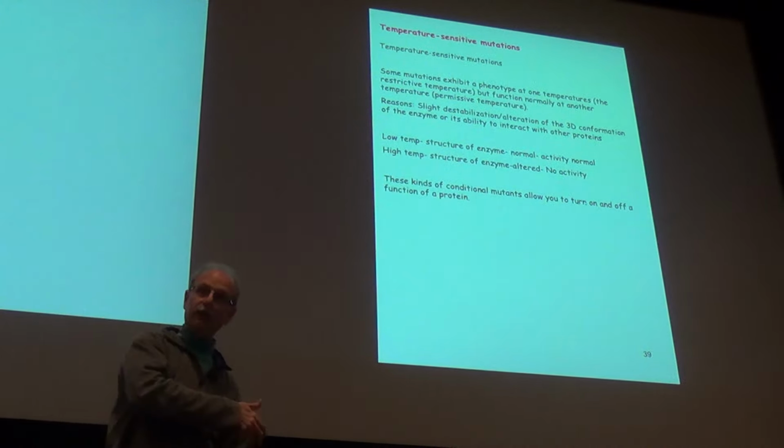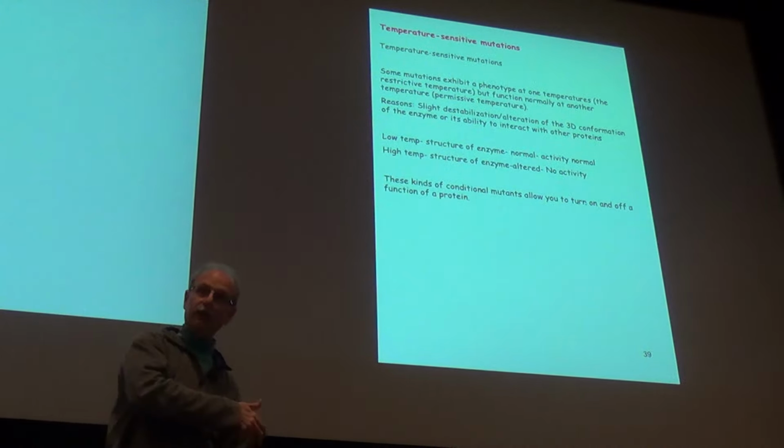So you grow the organism at a low temperature in the lab, consistently, so it grows up nicely, then you shift it to a temperature that's kind of high. And you ask what happens to that organism when you shift the enzyme to a higher temperature. And in that way, you're able to study the function of the enzyme, basically. So that's how you are able to study these essential genes.